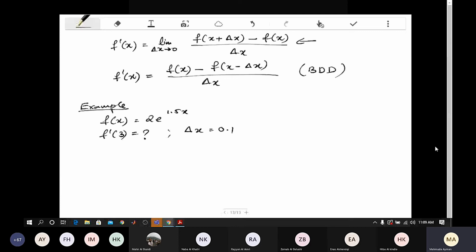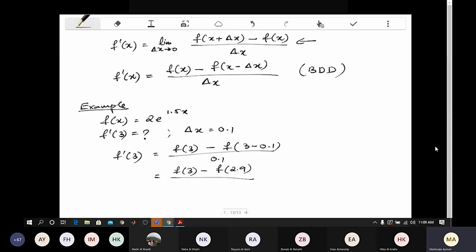So if you look in the formula and we try to find out for f dash of 3, we'll get f of 3 minus f of 3 minus delta x, where delta x is 0.1, divided by delta x, that is 0.1. Okay, so we have here f of 3 minus f of 2.9 divided by 0.1.